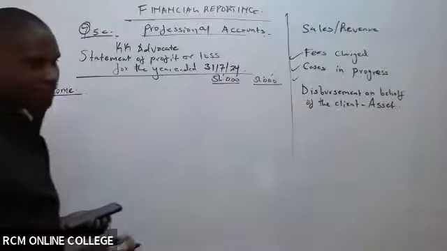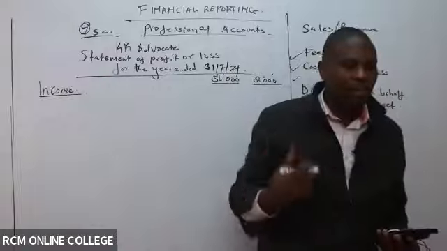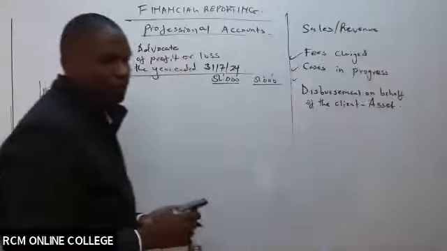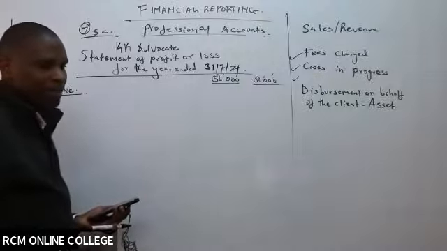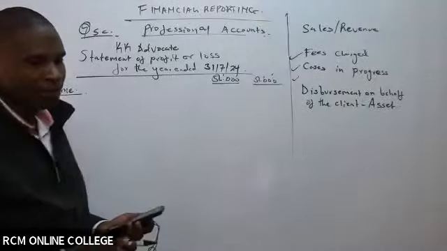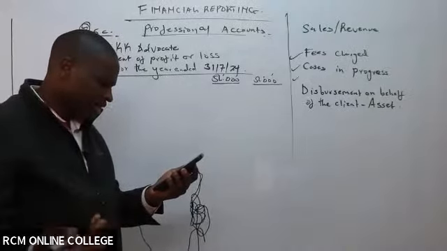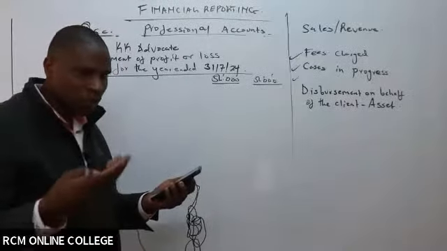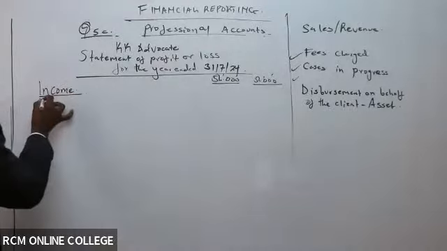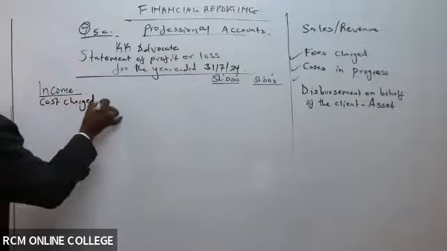So let's identify the income from that question. Kindly help me identify the income. Do we have fees, fines? We have cost charged to clients.